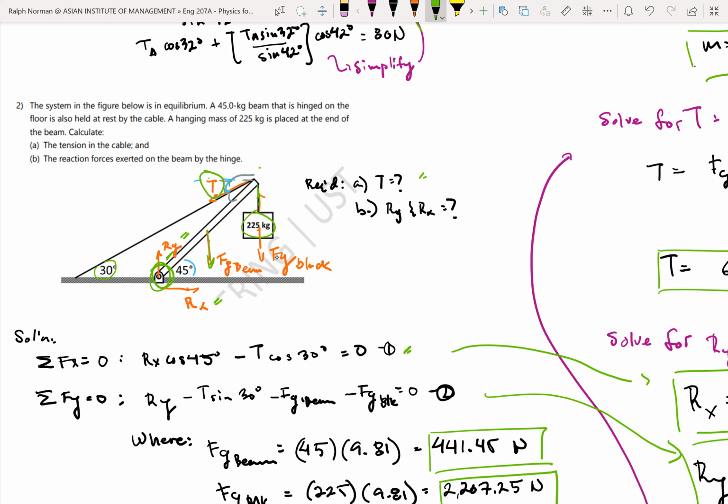Using just this 45-degree angle, you know that this is 135. You know that this would be 135. And you add that to 30 minus 180, you would get 15 degrees dito. And this one, you would eventually get to 30 degrees.